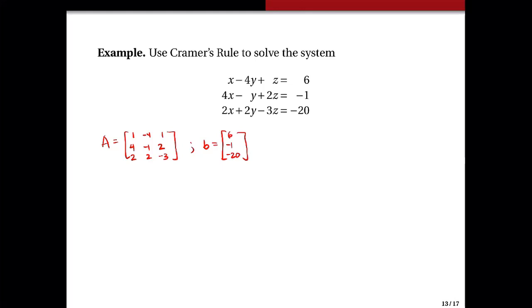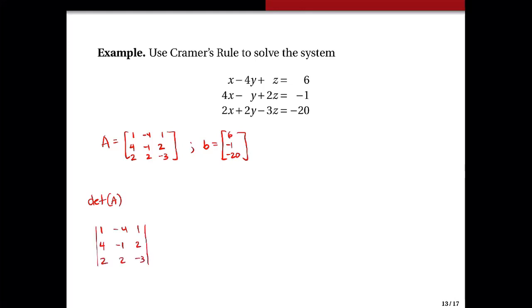Now, the determinant of A. Again, we use the same method as last time. We have 1, -4, 1, 4, -1, 2, 2, 2, -3.